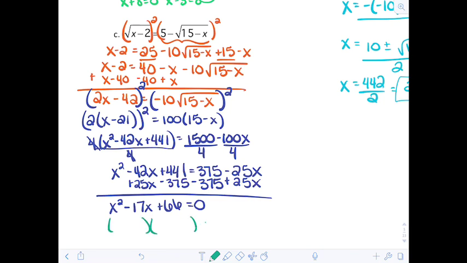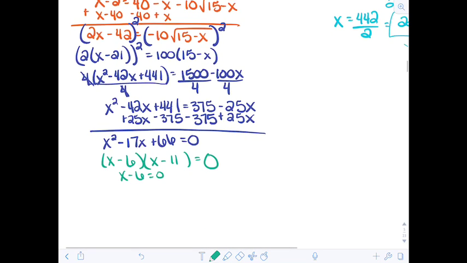So things that multiply to give me 66 and add up to give me negative 17 are going to be negative 6 and negative 11. So x minus 6 equaling 0 is going to give me 6. And x minus 11 equaling 0 is going to give me 11.